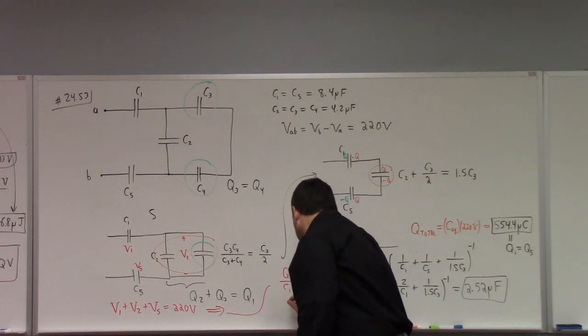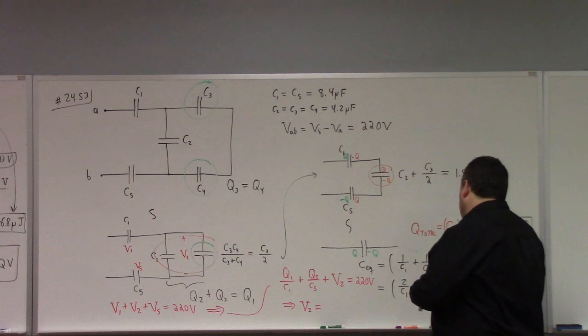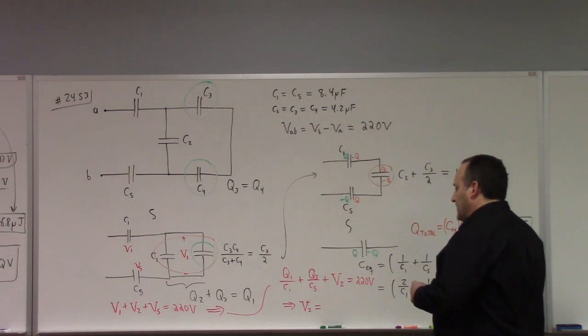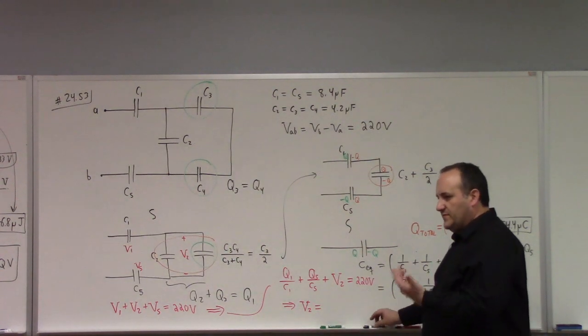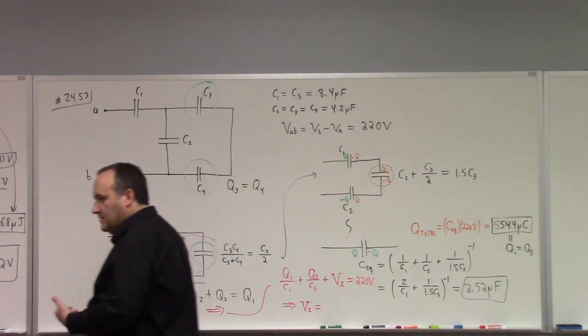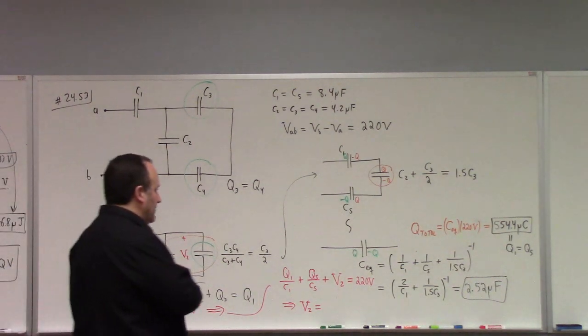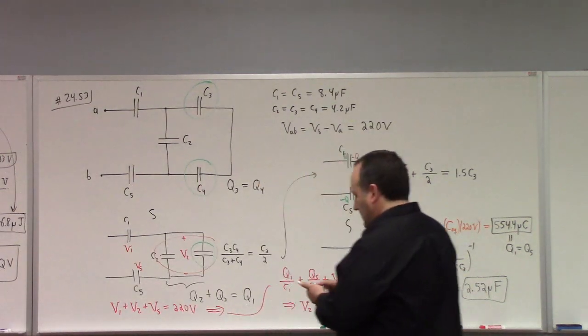So I can solve that and find the voltage across the capacitors we haven't figured out the charge on yet. And if we're smart, as we do this calculation, we'll also figure out the voltage on 1 and the voltage on 5, because voltage on 1 is Q1 over C1, voltage on 5 is Q5 over C5.